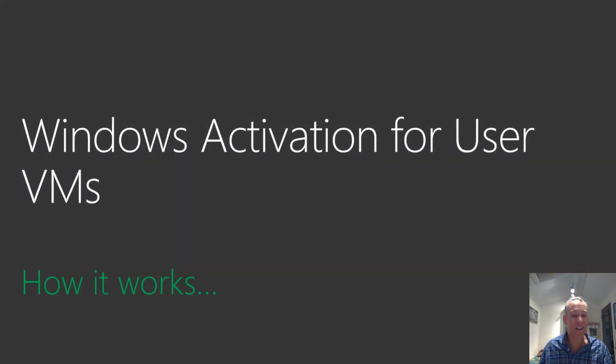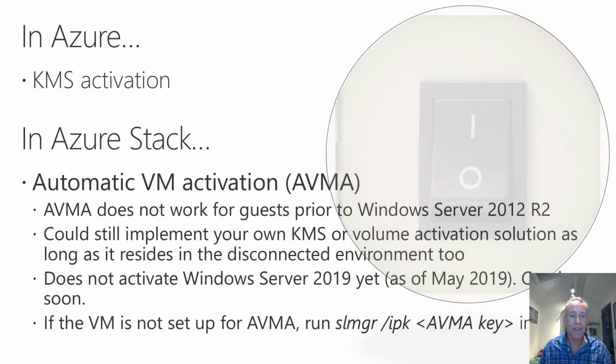Okay, the last thing to talk about here is activation for the user VM. In Azure, if you create a VM, there's a KMS, a key management server, that does the activation of the VMs for you automatically behind the scenes. In Azure Stack, we take advantage of a feature that's available in Windows Server called automatic VM activation, or AVMA.